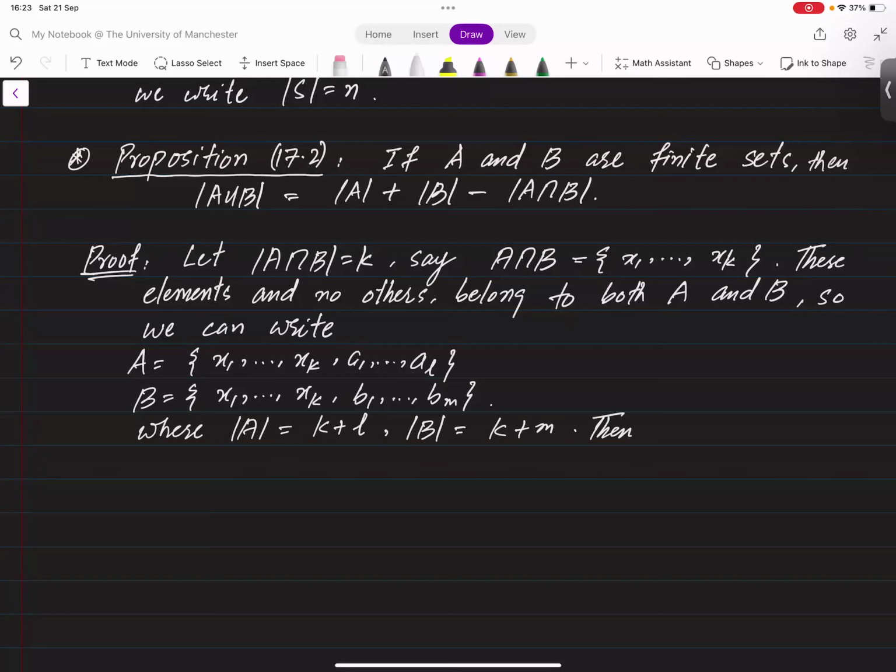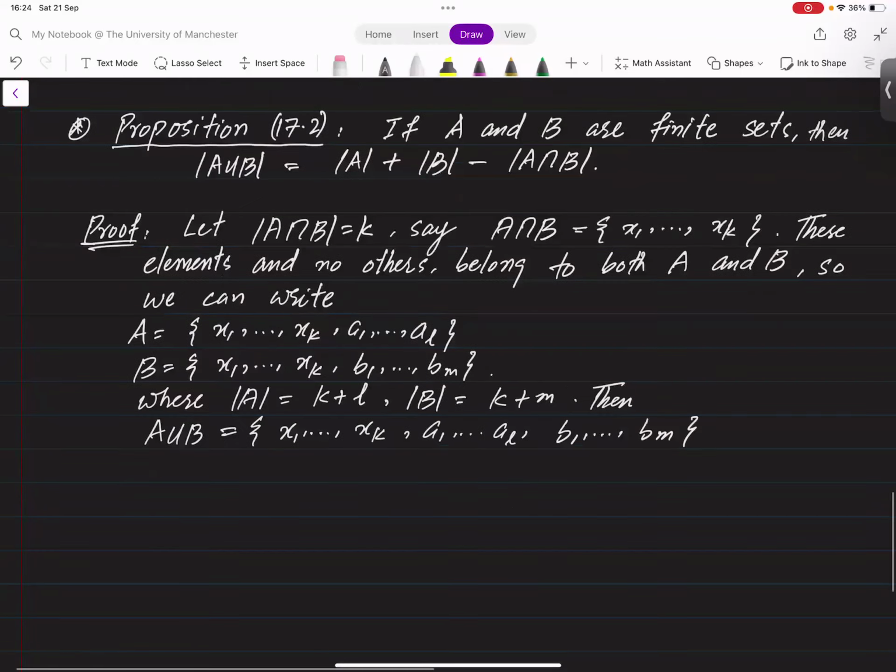Then A union B has elements x1 to xk and a1 to aL, b1 up to bM. And all the elements are different.